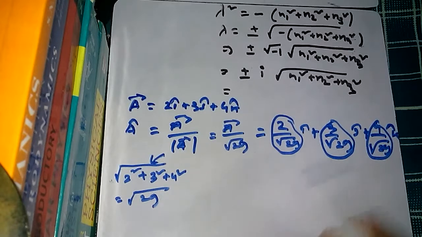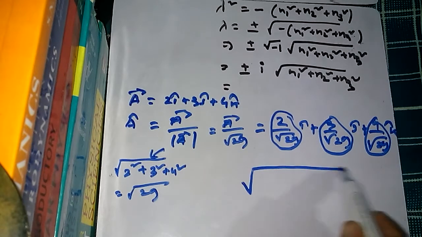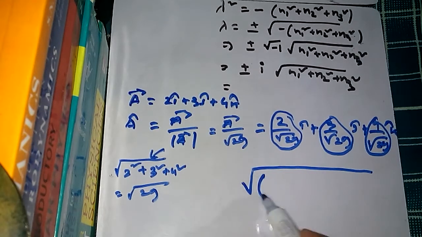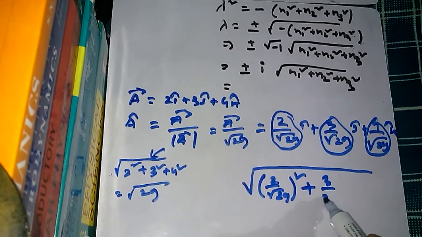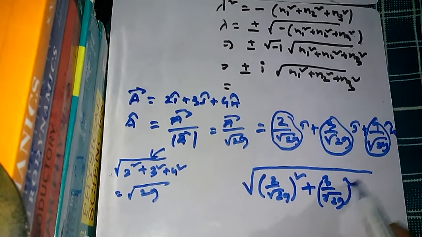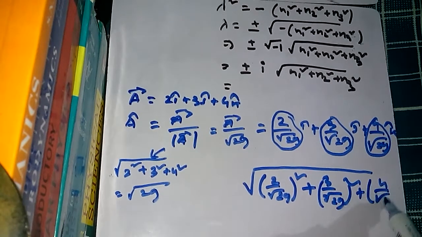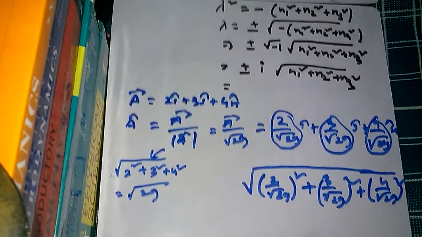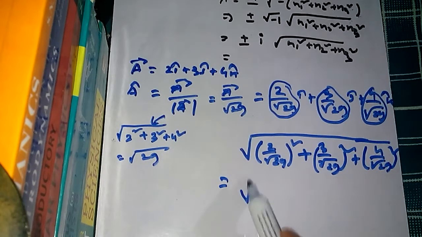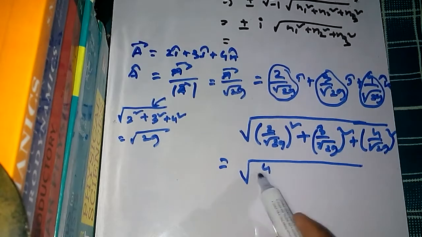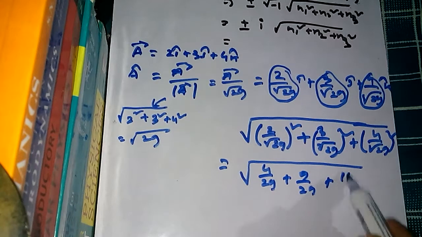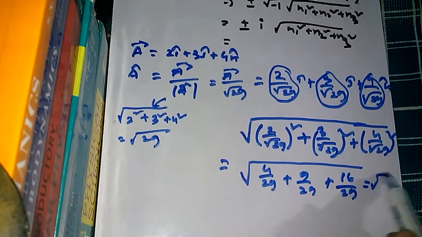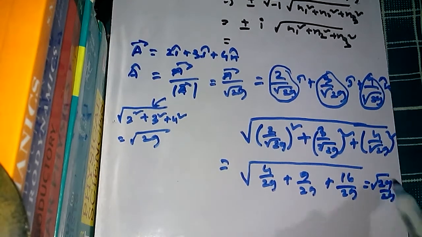And when these are the components of a unit vector, and if they are written in the fashion under root, with all the components squared and summed, then we have 4 by 29, 9 by 29 plus 16 by 29, which is root of 29 by 29.